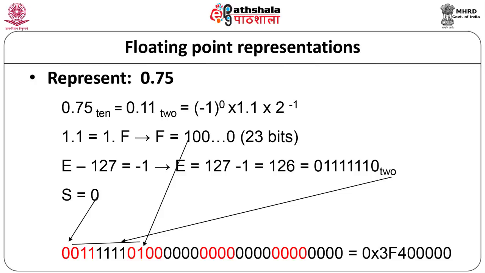Exponent e minus 127 is equal to minus 1. Therefore, e is equal to 127 minus 1, that is 126, and we can write its binary form, and s is equal to 0. Thus, we can represent the number as 0, 0111 1110, 100 up to 23 bits, which is represented in hex as 3F400000.